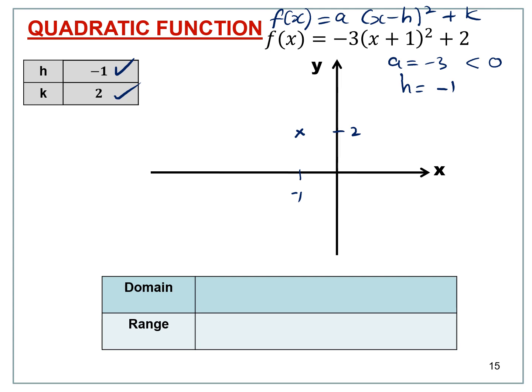And if you want to know the y-intercept of this graph, when x is 0, just substitute here: 0 plus 1, 1 squared is 1, times negative 3 plus 2 is negative 1. So the graph happens here, the y-intercept. So let's sketch the graph.